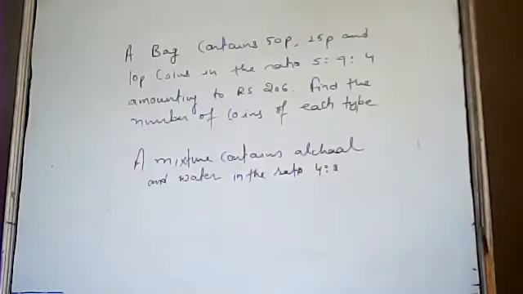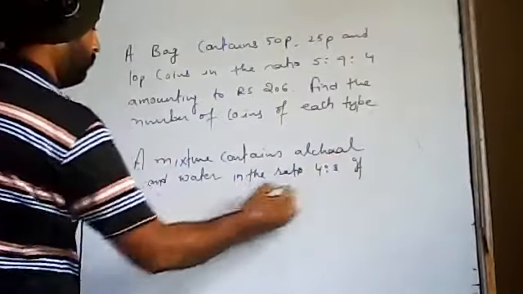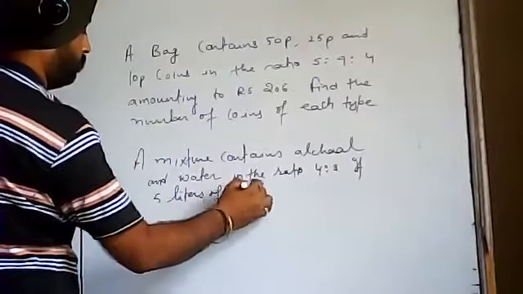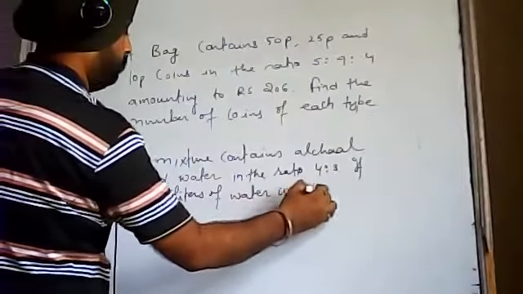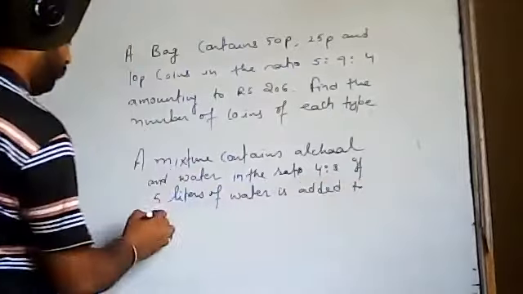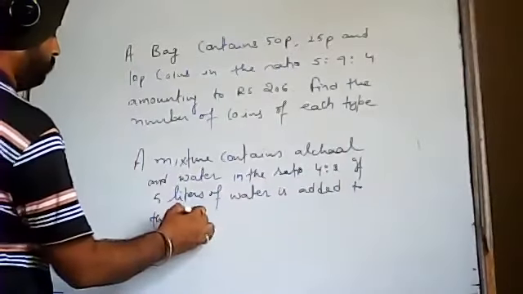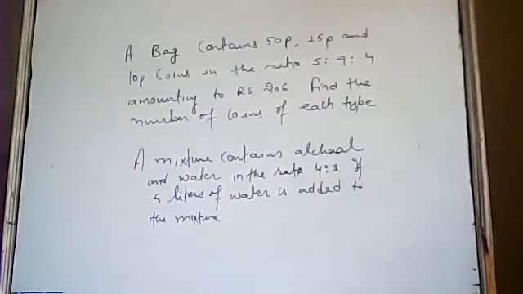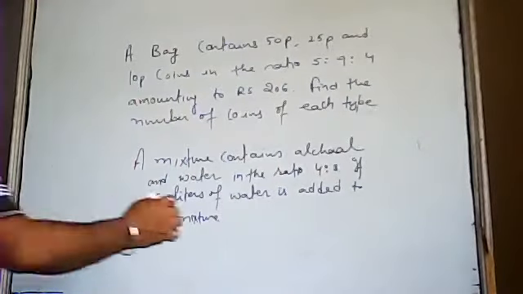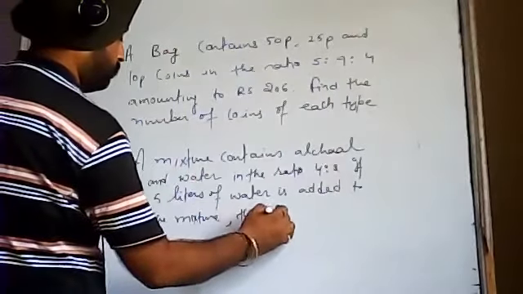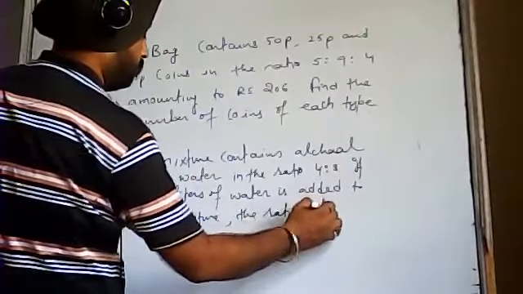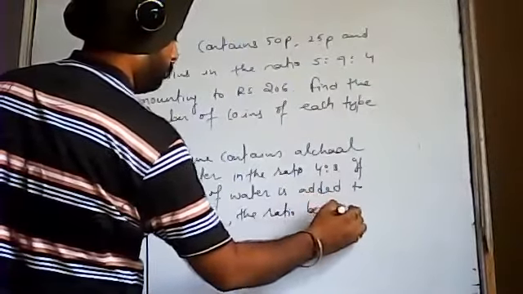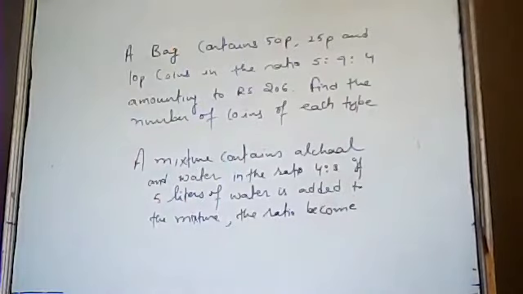If 5 liters of water is added to the mixture, the ratio becomes 4:5.